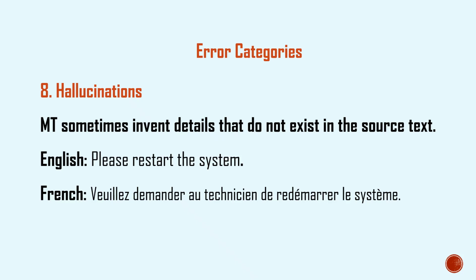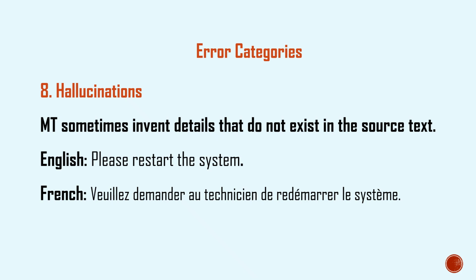The last type of errors that we can find in neural machine translation output is what we call hallucinations. Hallucinations simply means that machine translation systems invent information that is not present in the source text. They often add extra nouns, roles, places, or actions that the user never mentioned.